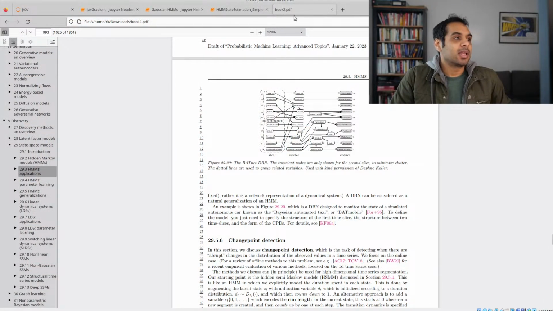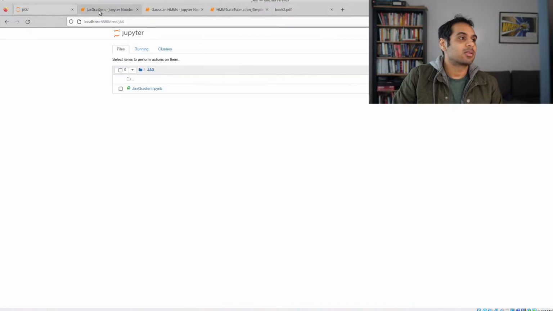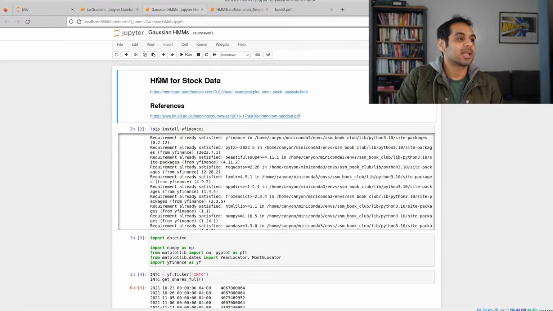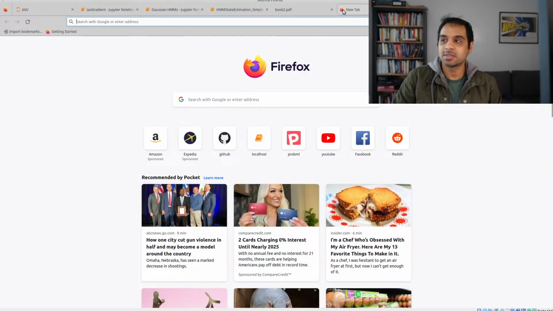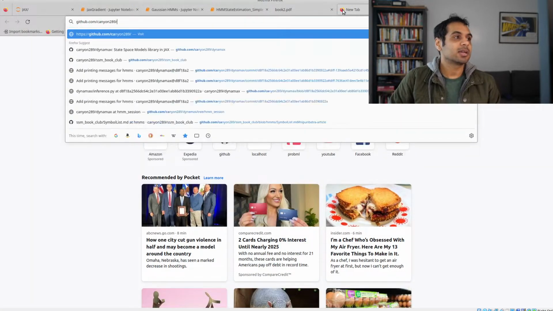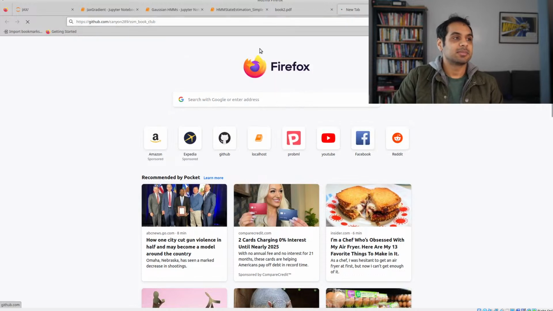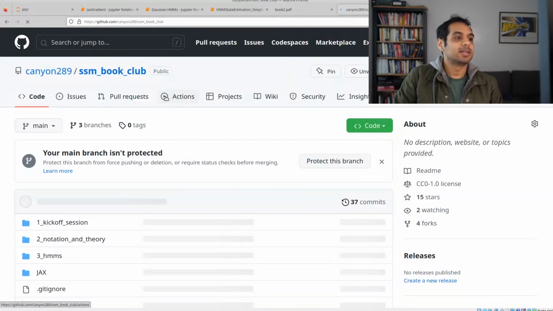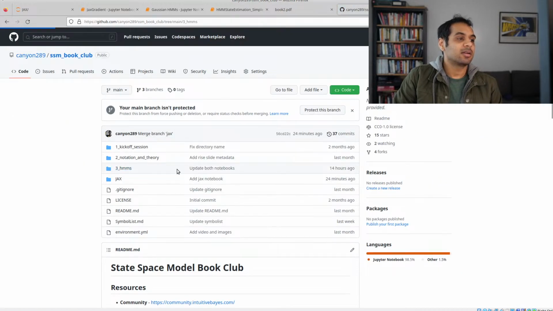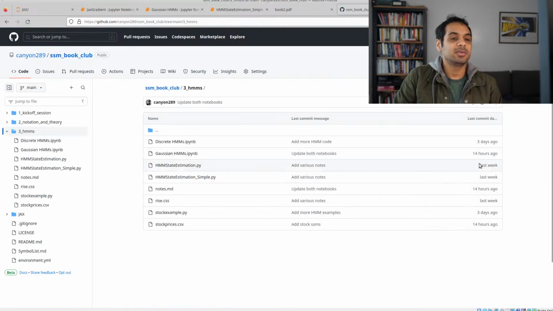So what I'm looking at here is two notebooks that I have put up on our GitHub repo, github.com, K29, SSM Book Club. In here, there are some new things that I pushed.